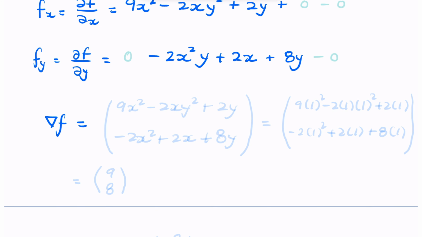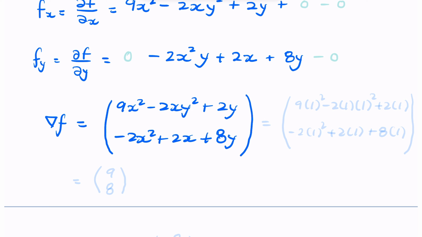Nabla f, and you've got your i and j, so you'd have 9x squared minus 2x y squared plus 2y, and minus 2x squared y plus 2x plus 8y. So that's your vector. This is your i component, and that's your j component.